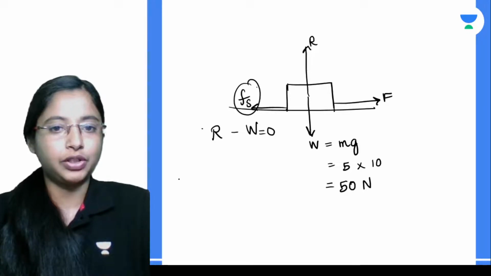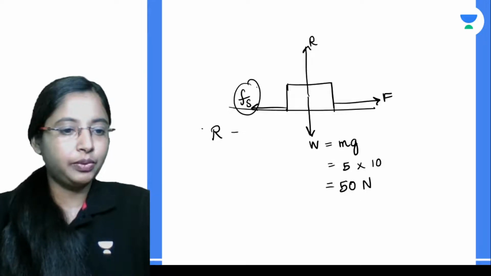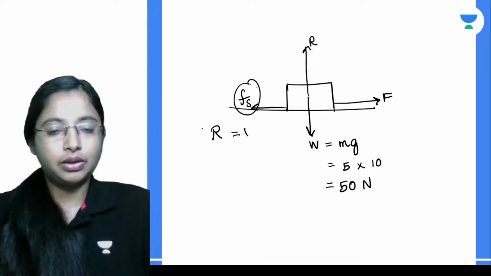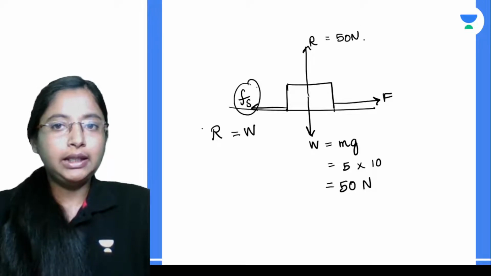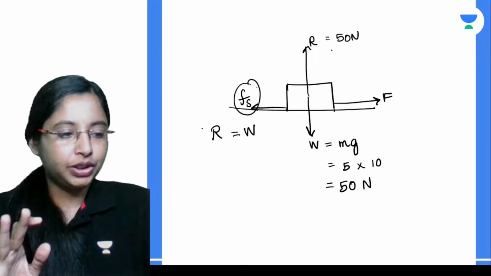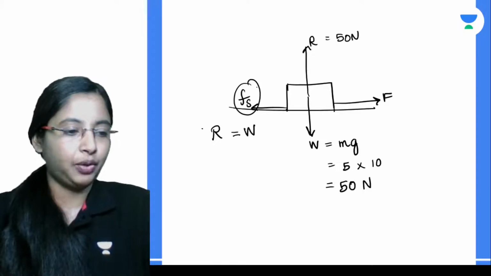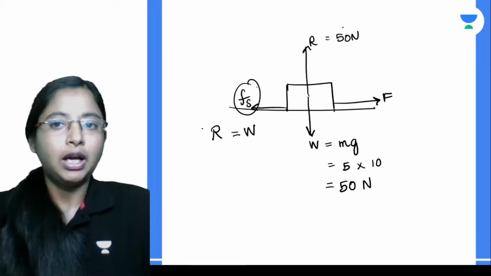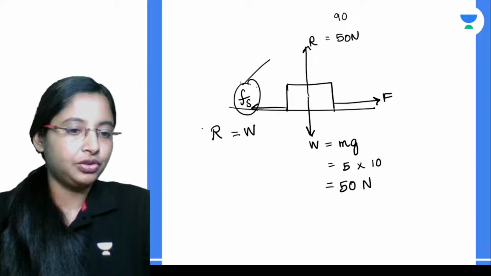Why? They are cancelling out each other. So R is equal to the weight, so R is also 50 Newton. Till this R value is 50 Newton, whatever the static friction value we have here will be constant. But as soon as the R value goes from 50 up to 90, static friction value also changes.